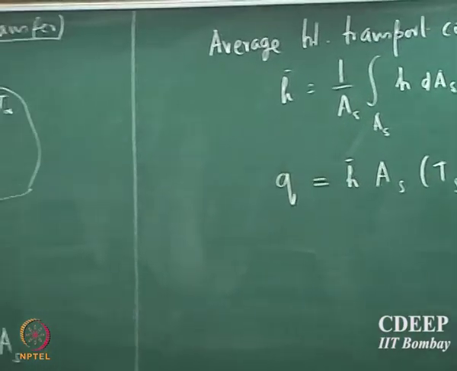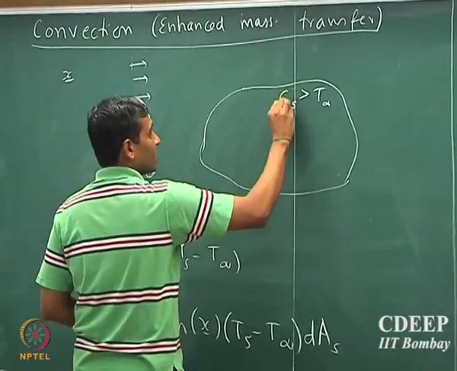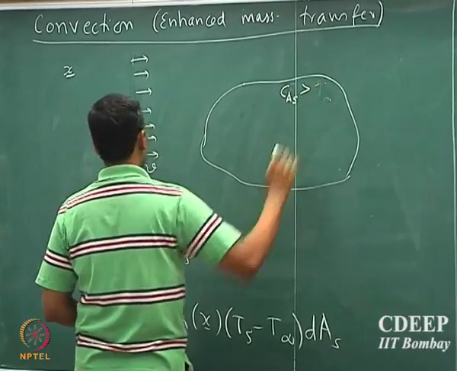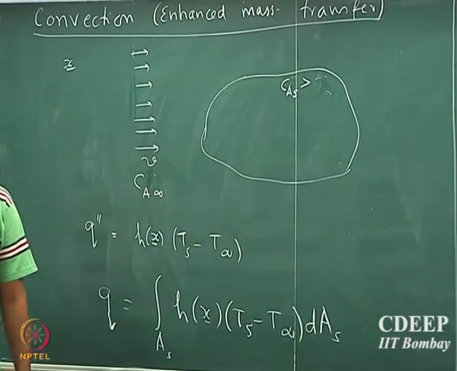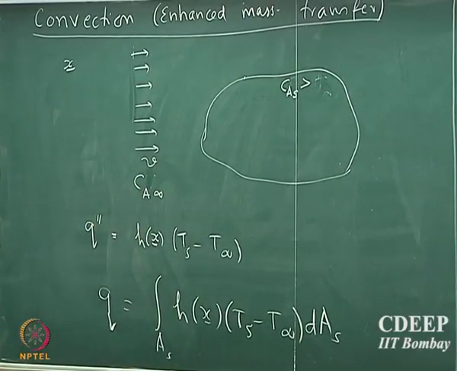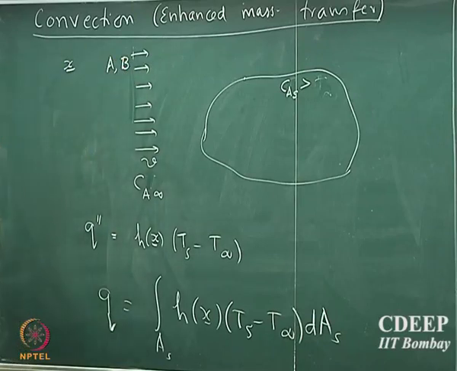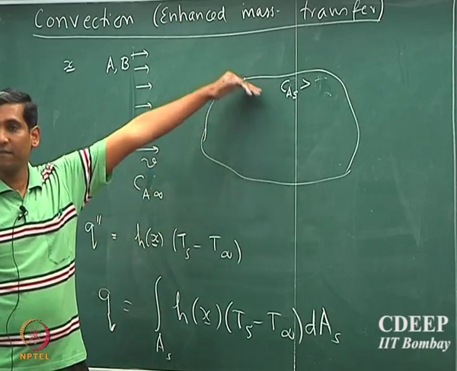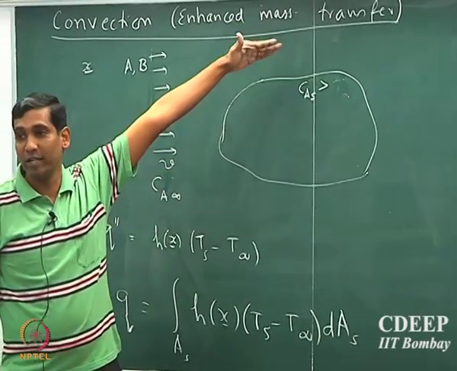A similar scenario in mass transport would be, okay, so if the concentration of some species is CAs and if the bulk species concentration is CA infinity, okay, the framework is slightly different in mass transport, although the process is exactly the same. So supposing you have species A and species B, okay, both of them, it's a mixture which is flowing together, and let's say that only species A is diffusing out, species A is transported from this surface to the fluid, okay.